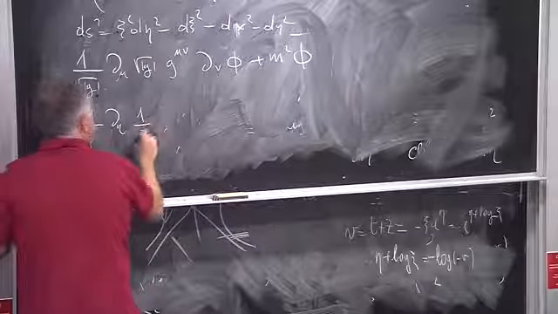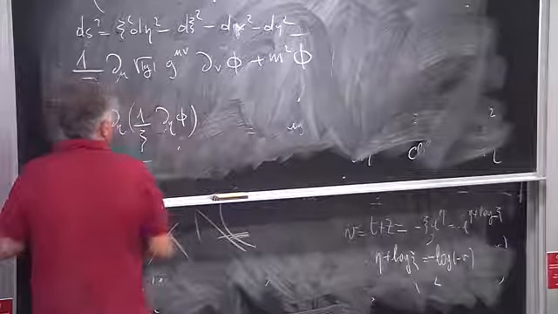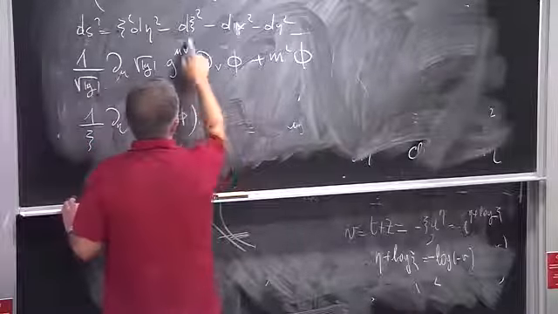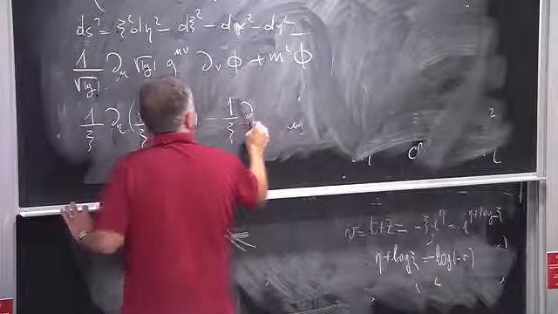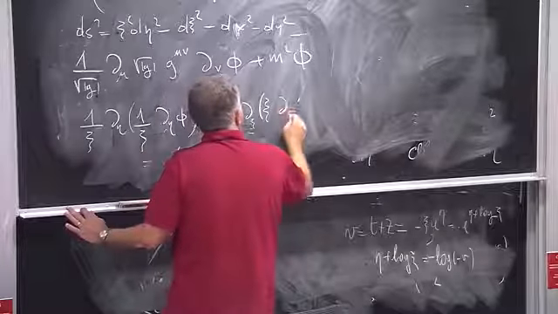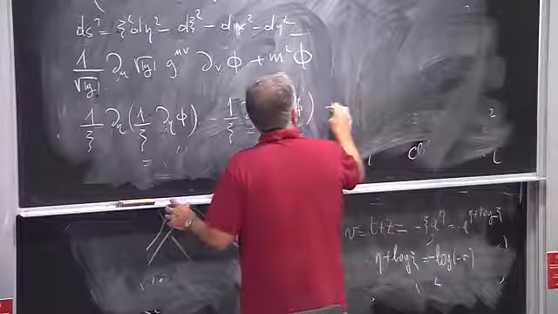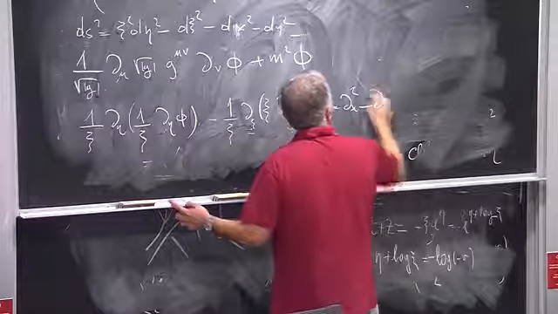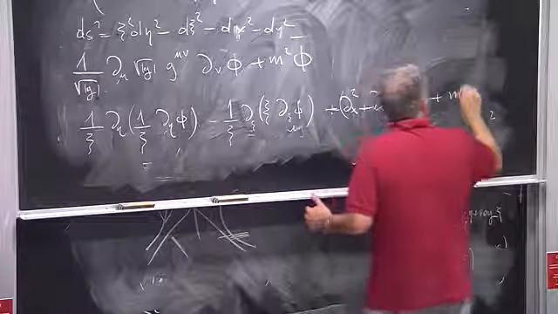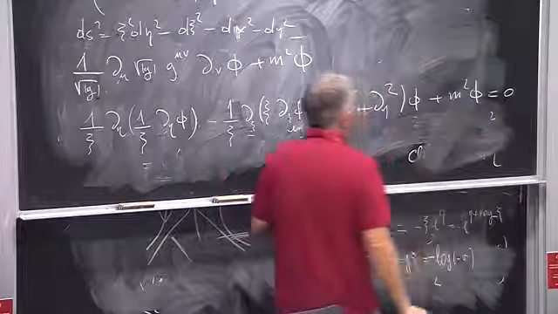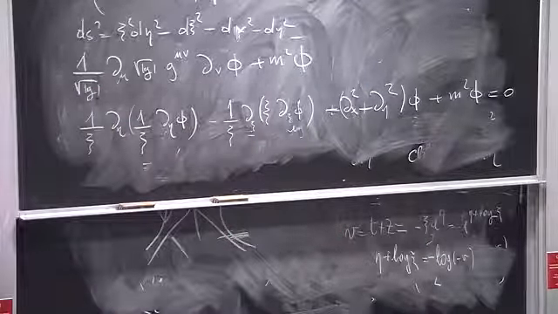So you get 1 over xi d eta phi. And then you get here, this is 1, so 1 over xi d xi, xi d xi phi. Then the rest is trivial. Minus dx squared minus dy squared phi plus m squared phi equals 0. This is the Klein-Gordon equation in the Rindler wedge.